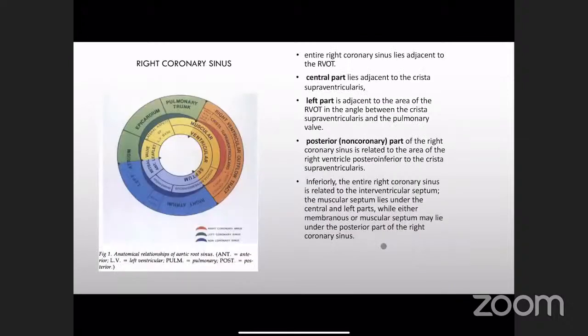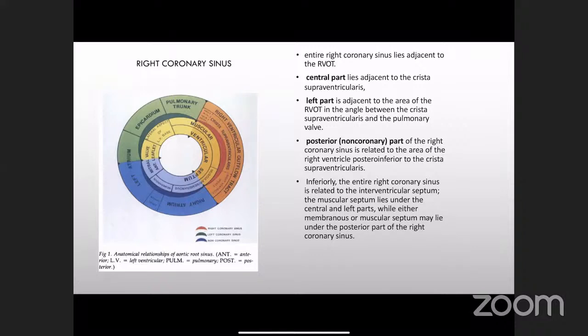cardiac cycle. The entire right coronary sinus lies adjacent to the RVOT. The central part lies adjacent to the crista supraventricularis, and the left part is adjacent to the area of the RVOT in the angle between the crista supraventricularis and the pulmonary valve.